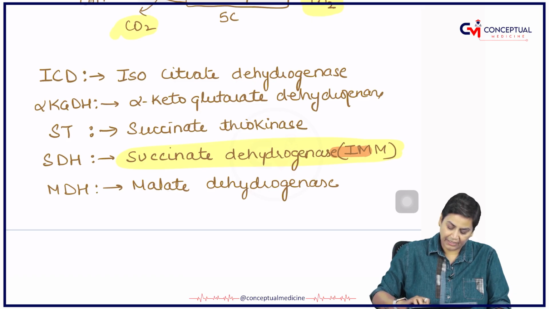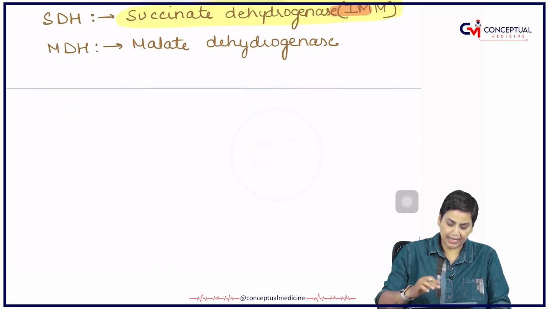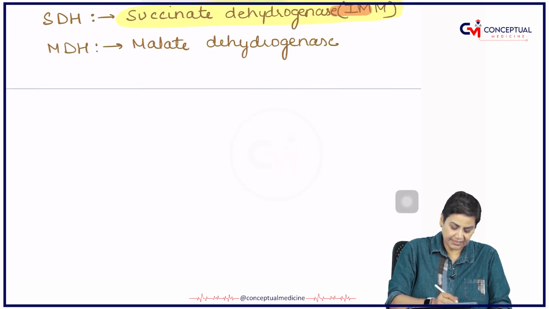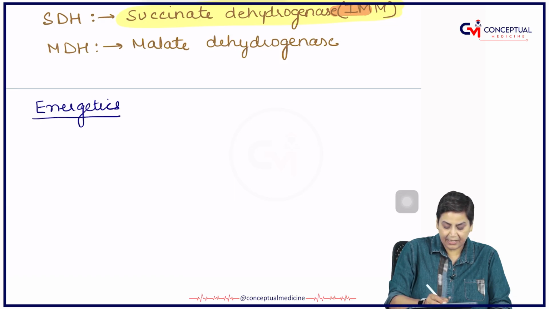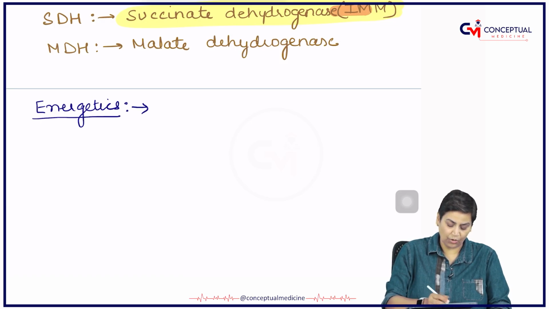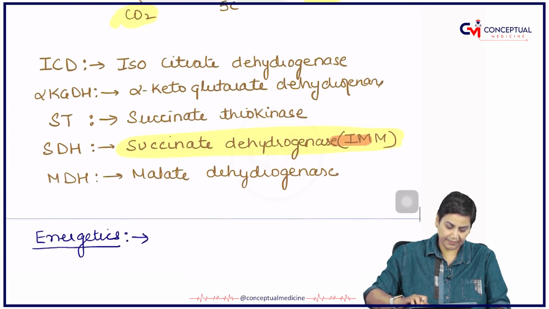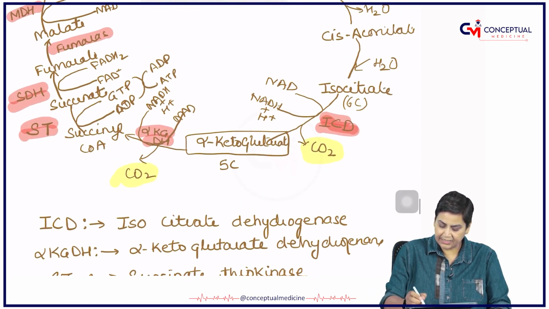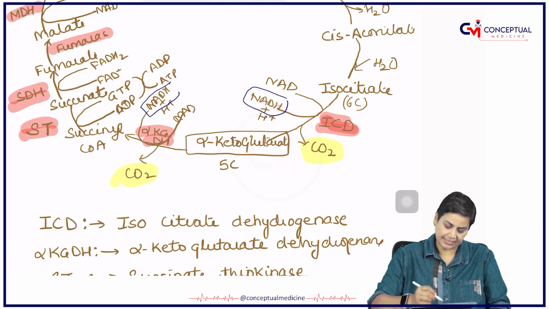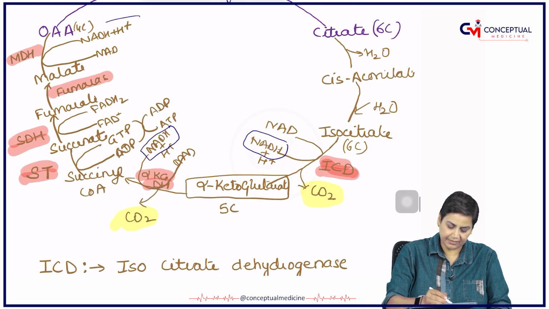Clear? Now after this, we come over again to the energetics. If we talk about the energetics completely, if you see here in the cycle, this is 1 NADH plus H positive, this is second, and this is third.